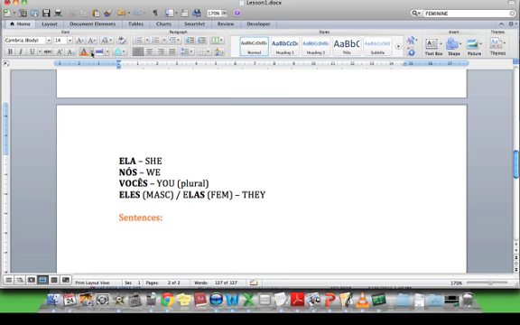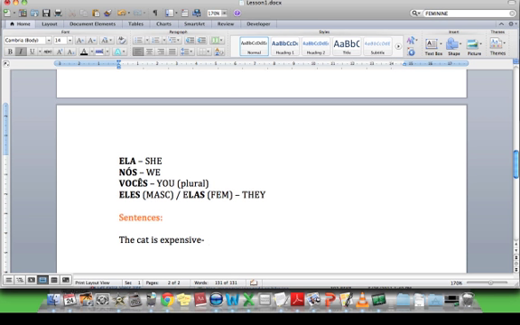If I want to say, for example, the cat is expensive, right? The word for cat masculine in Portuguese is, check your sheet of paper, check your PDF.